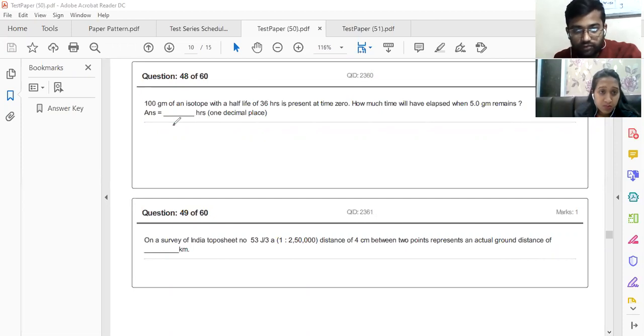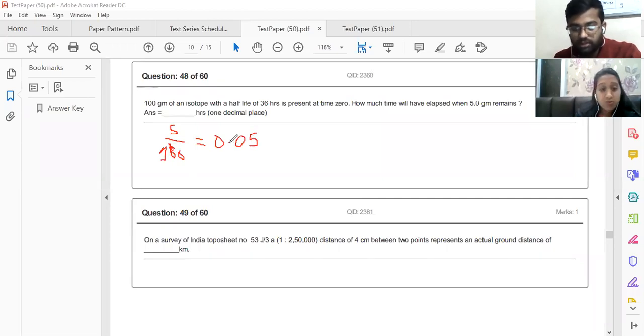Out of 100 gram, 5 gram is remaining, means 5 by 100. So you can easily calculate fraction. It will come around 0.05.